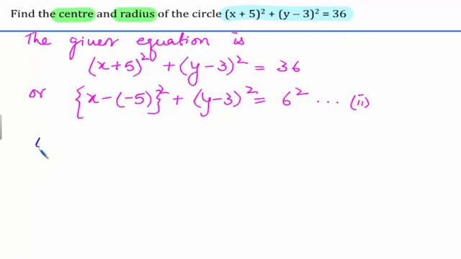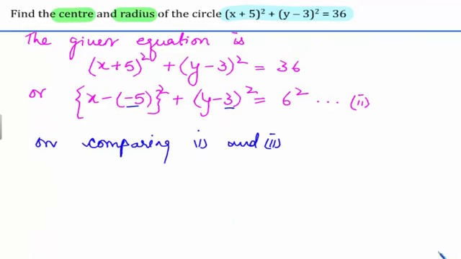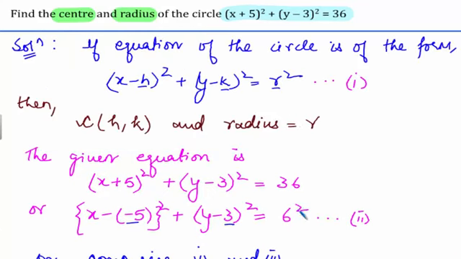Now on comparing equation 1 and equation 2, we see that the value of h is minus 5 and the value of k is 3. So we have h is equal to minus 5 and k is equal to 3. Also r is equal to 6.